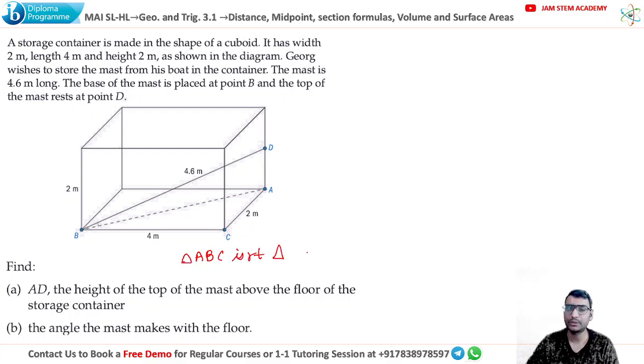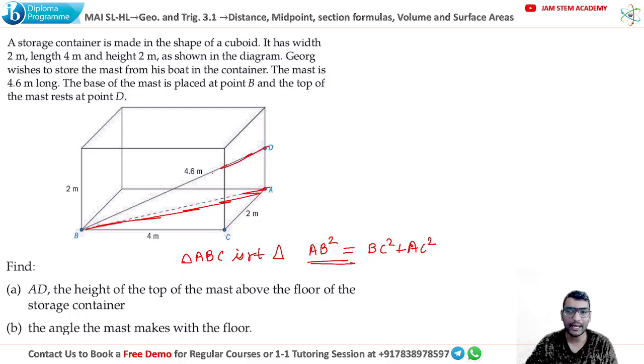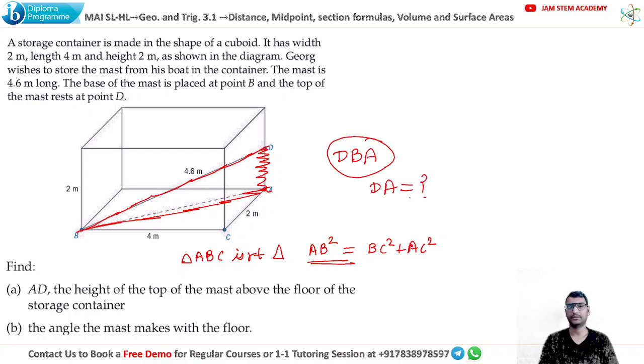We can use the Pythagoras theorem. AB is the hypotenuse, so I can use AB squared is equal to BC squared plus AC squared. From here I can get the value of AB. Once I have the value of AB, and I already have the value of BD, I can again use the Pythagoras theorem in the triangle DBA to get the value of DA. So that's the approach to solve this question.